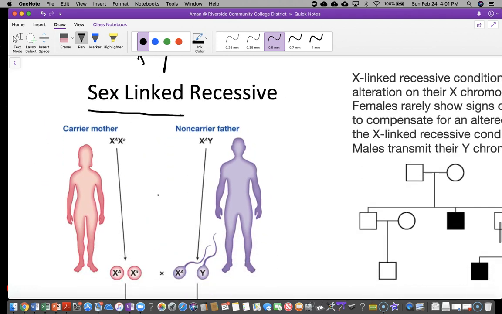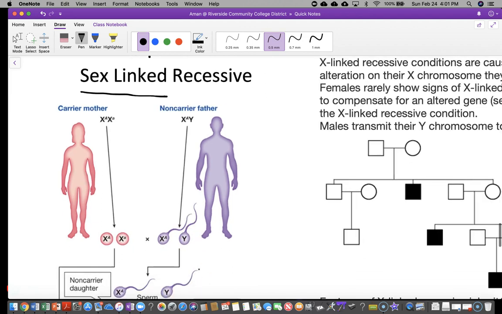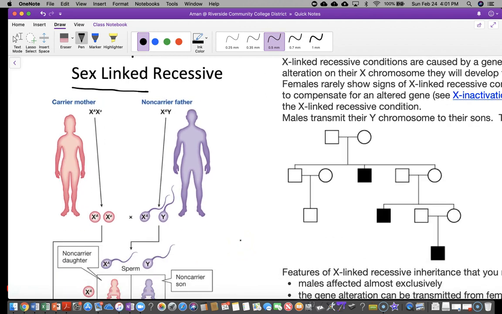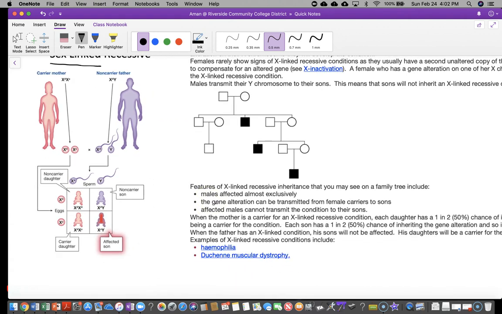What you can see here is that for sex-linked inheritance, we're always going to show the symbols XX or XY, and then we're going to show whether that gamete is going to be capital A or small a. For Y, of course, we're not going to show anything because Y is a small chromosome and it's missing most of the genes. Okay, now let's see the pedigree analysis first.